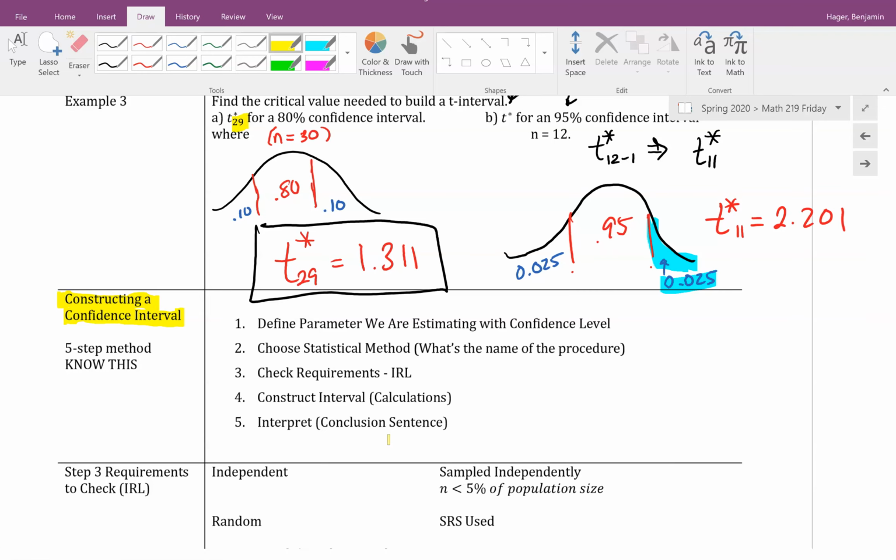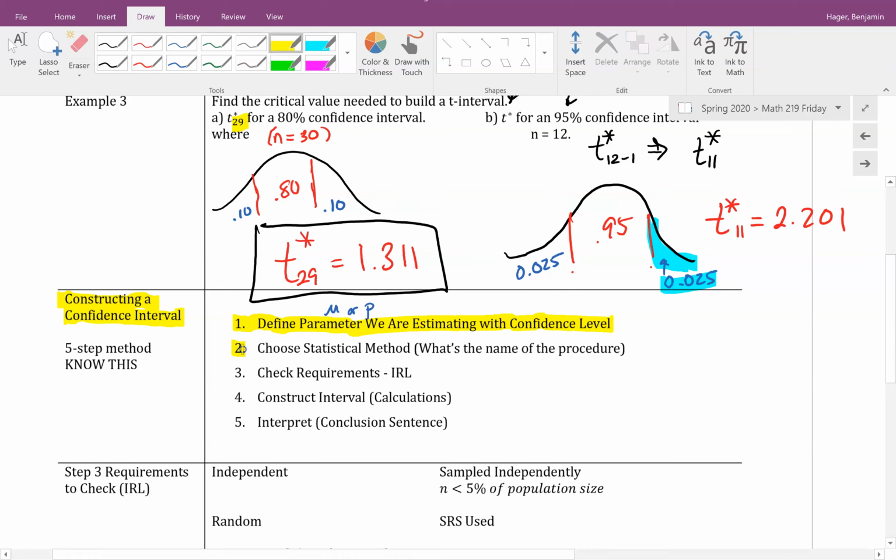So first step is always to define the parameter that you are estimating along with the level of confidence you're looking for. The parameter we're estimating is usually the population mean or the population proportion. The confidence level, either they tell us or it's up to us to determine depending on what the problem is asking for.